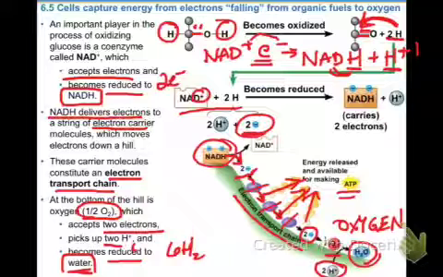So what does NAD do? Well, it's a carrier. It accepts the electrons, and it becomes reduced, forming NADH. So that NAD plus that we looked at earlier, when it gains an electron, it becomes just NAD.